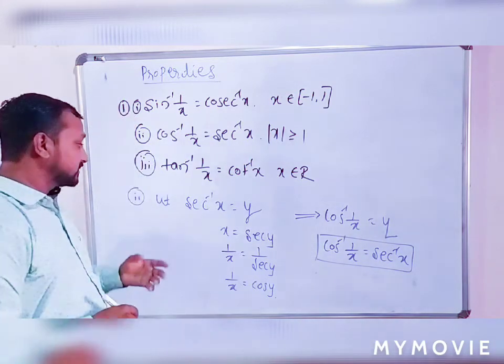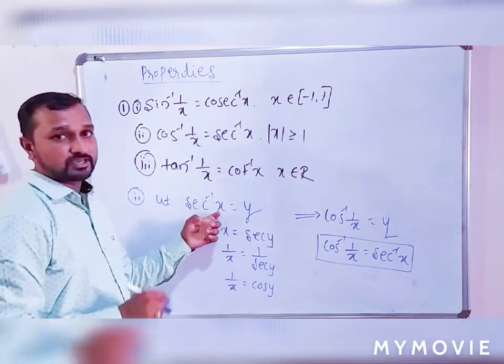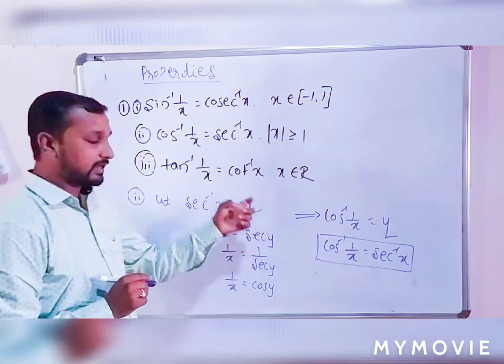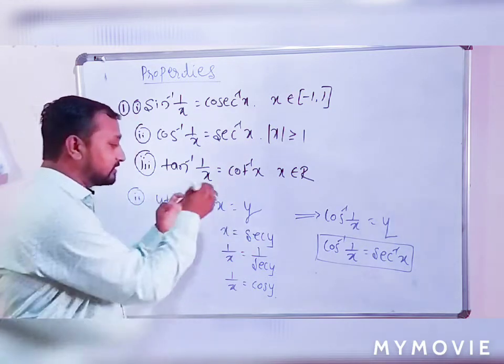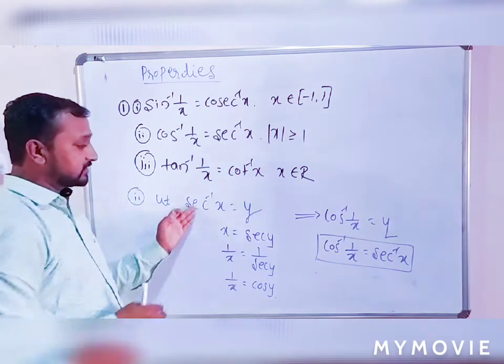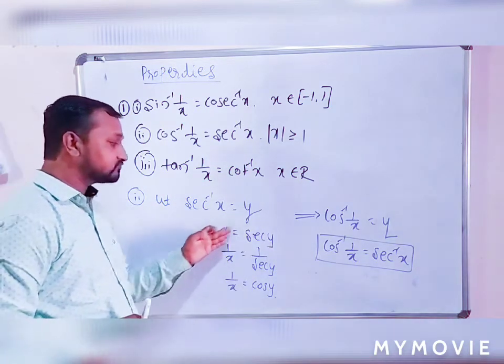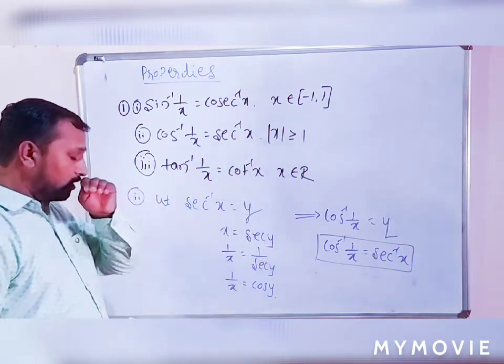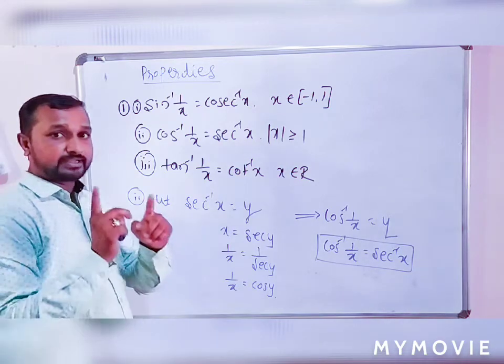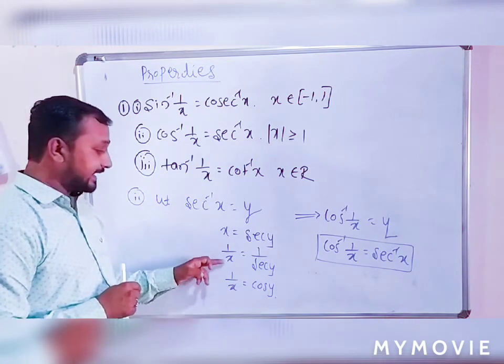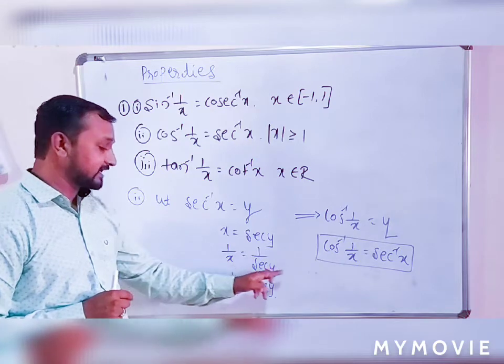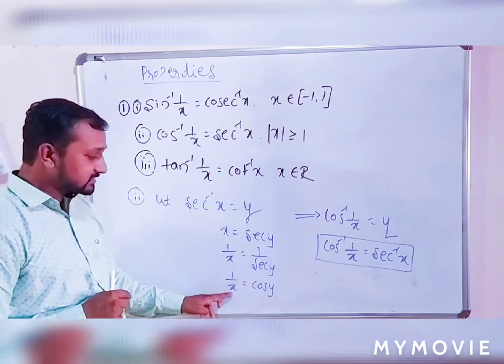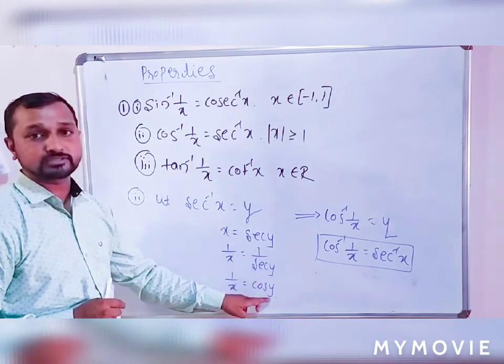Let me explain once again. Let sec inverse of x equal y, by using the inverse trigonometric function. Keep x as it is; sec inverse shifts to that side, so it becomes sec y. Taking the reciprocal, 1 by x is equal to 1 divided by sec y, and 1 by sec is nothing but cos.